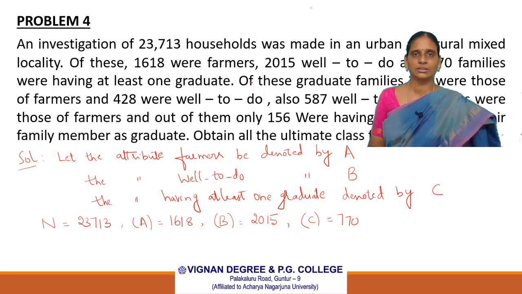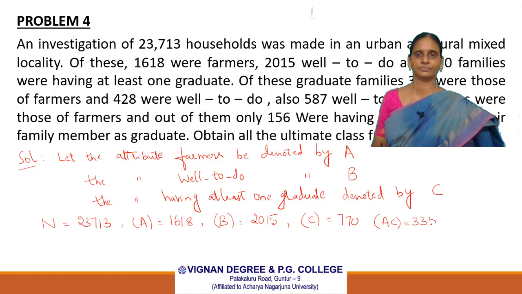And the next sentence, of these graduate families, 335 were those of farmers. That means frequency of AC is equal to 335. And 428 were well-to-do. Frequency of BC, graduate families who are well-to-do, that is, frequency of BC value is 428.